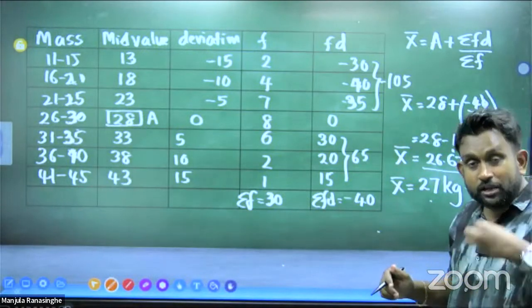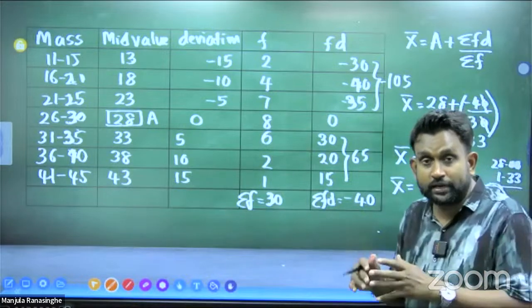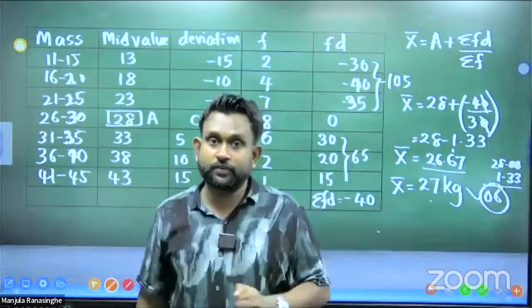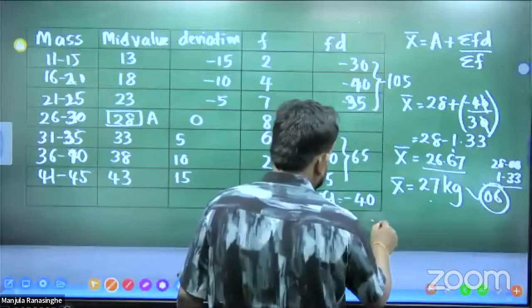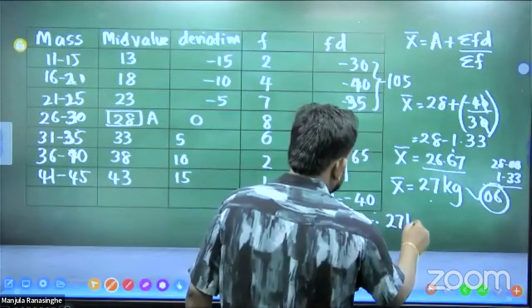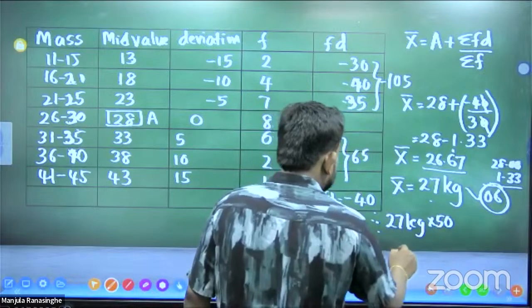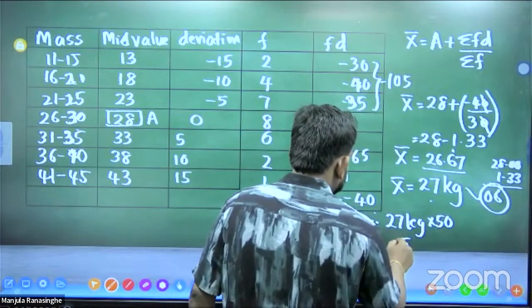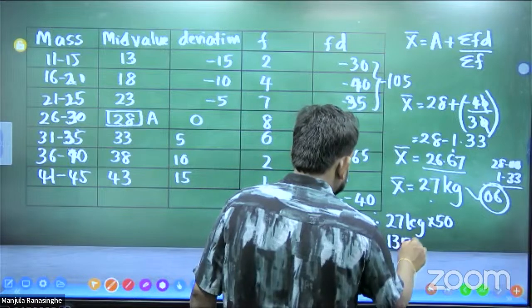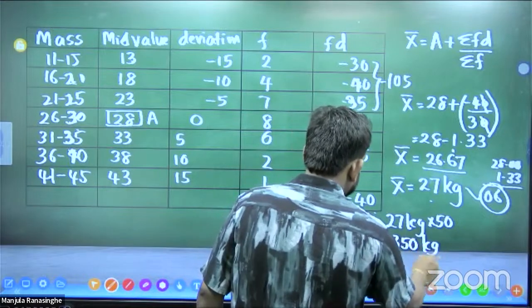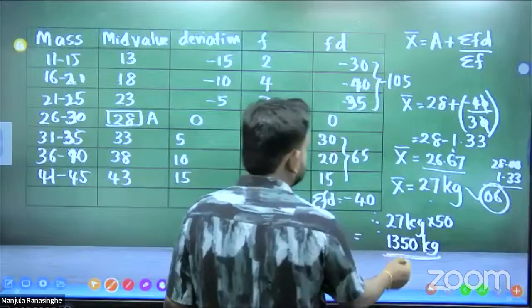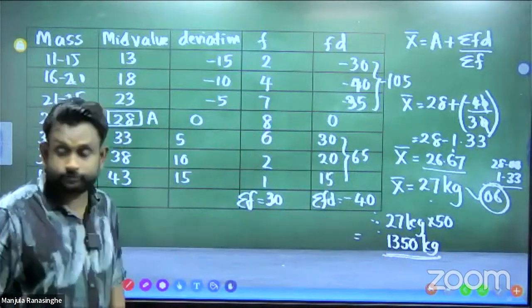Now we think that one fish is 27 kilograms, so we have 50 such fish. You can write the 50 fish mass as 27 kg multiplied by 50, then it gives you 1350 kg. So that is the answer.